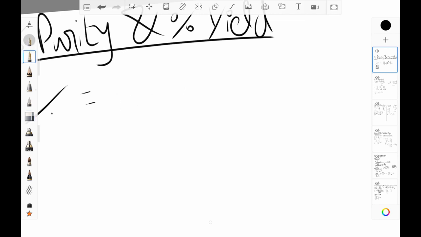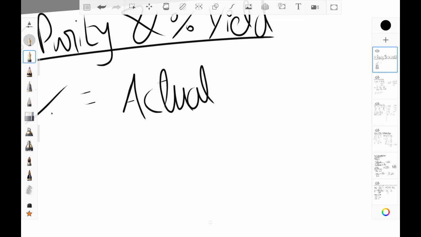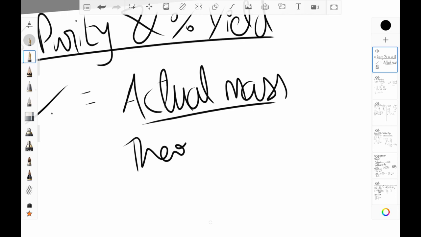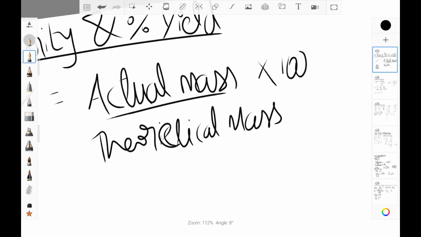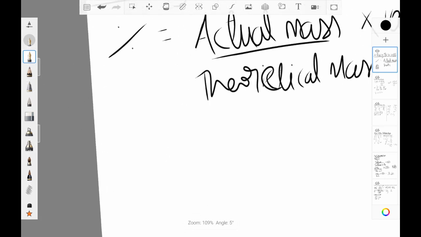Percentage yield is the actual or experimental mass, which is the mass of the product that you obtain in practice or during an experiment, over the theoretical mass, which is what you calculate using the mass and mole relationship, times 100%. And this is the percentage yield.